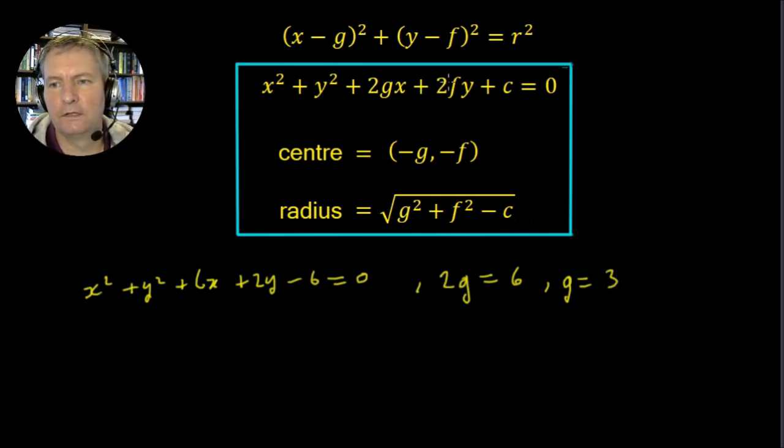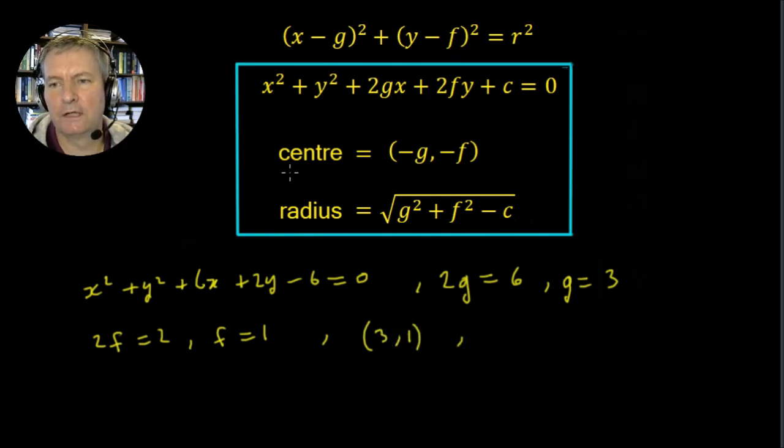Now we're interested in the coefficient of y. So 2f is equal to the coefficient of y, which is 2. So f must equal 1. So the values for g and f are 3 and 1.